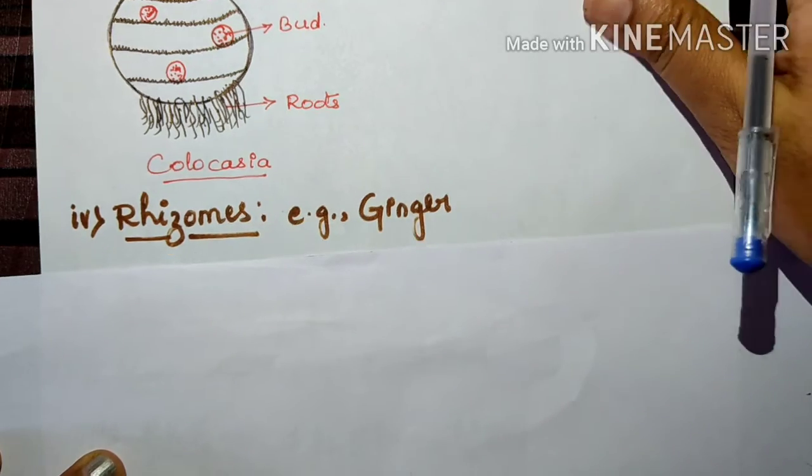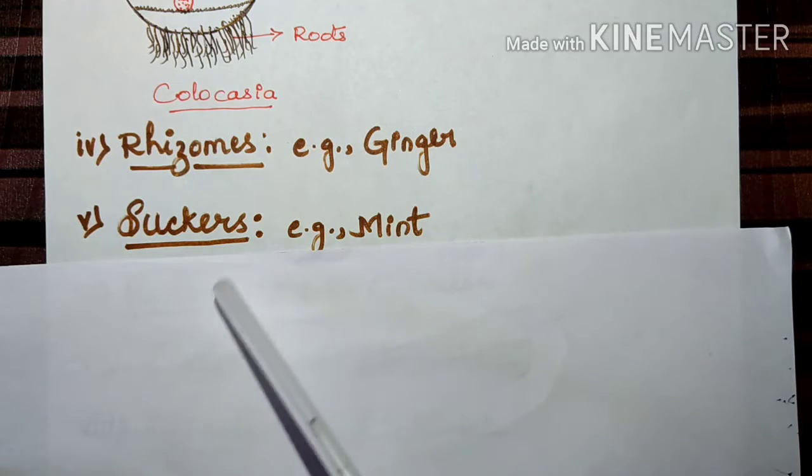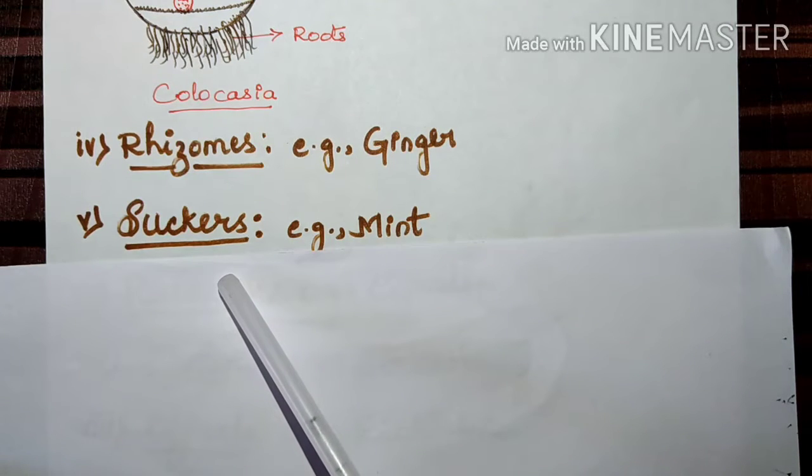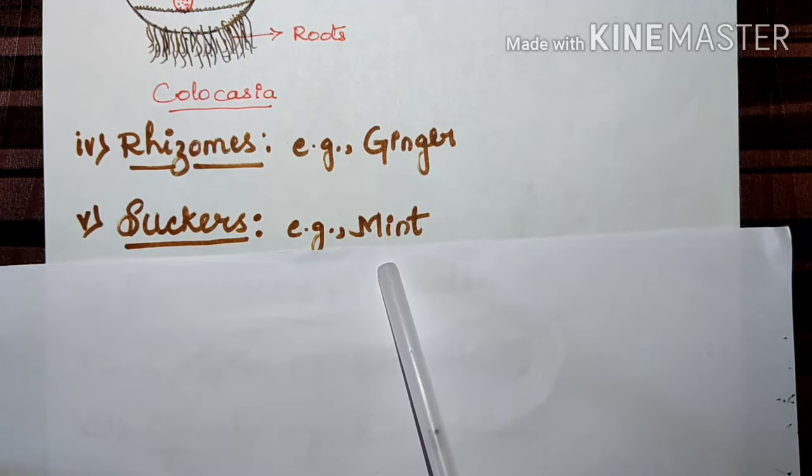This you can see in case of ginger. And another important type is the suckers. Suckers are slender subaerial branches which develop from the base of aerial shoots, and breaking of this shoot develops into a new plant. You can see in case of mint.